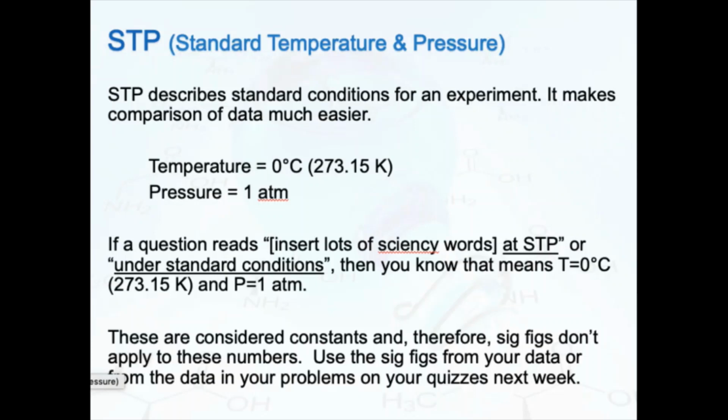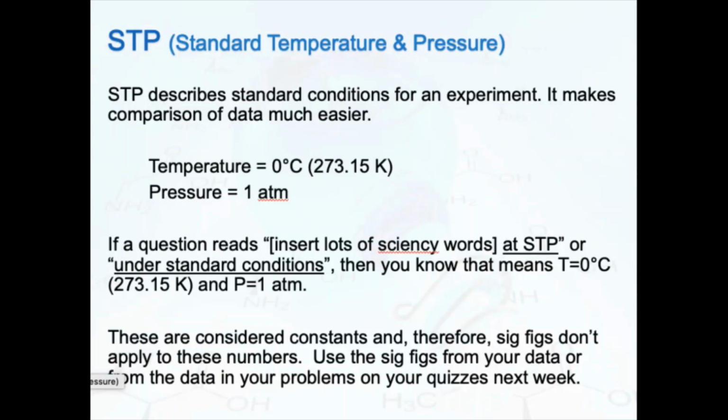So these standard conditions are the temperature is set to 0 degrees Celsius, and then the pressure is 1 atmosphere. So if a question ever reads, these things were done at STP, you already know 2 things. You know the temperature, and you know the pressure.